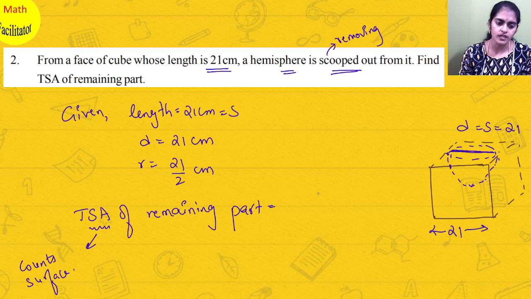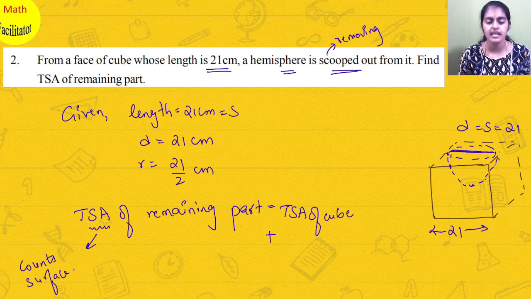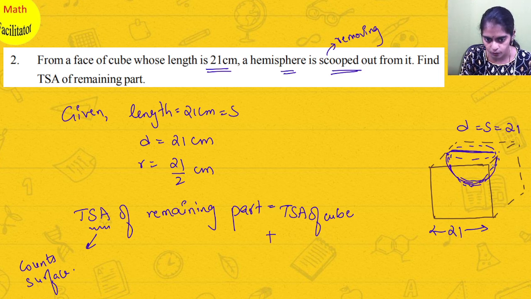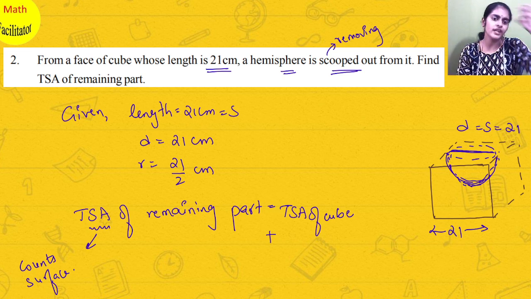Okay, so now here if I want to find the total surface area of this particular shape, it is nothing but firstly you have a cube. So let us take the total surface area of cube plus I have a hemisphere also. Right, so this is the hemisphere. So this part you have here in the cube. Okay, but remember the upper portion you don't have. You are removing it out. So actually this total is empty here.